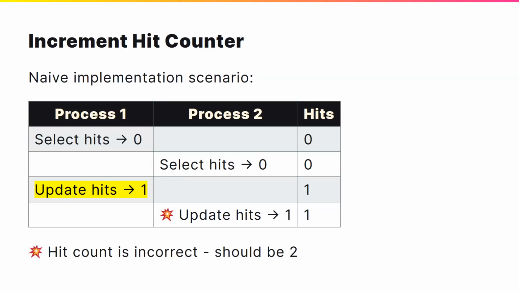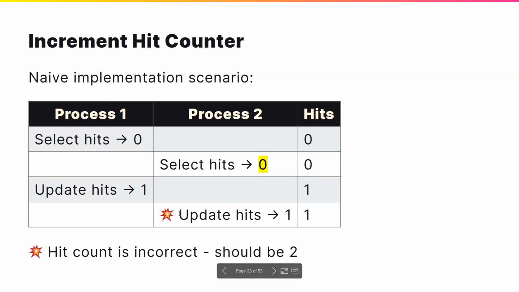So process one updates the database that the hit counter is now 1, which is 0 plus 1, right? Now, the value of hits in the database is 1. But when process two wants to update the hit counter, it does the same thing. The current hit count for process two is 0.